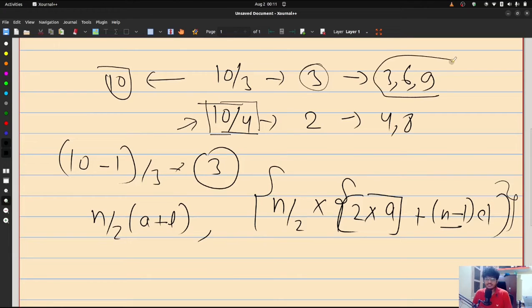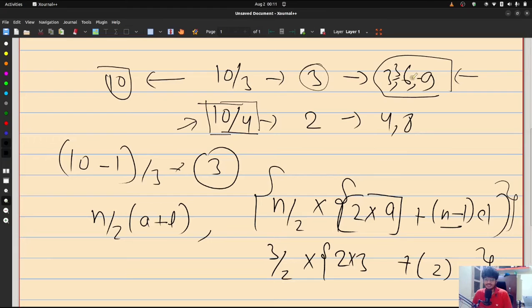So here we have 3, 6, 9. Total numbers are 3. So I say 3 by 2 multiplied by 2 times our first term. The first term is 3. So 2 times 3 plus, total numbers are 3, so 3 minus 1 is 2, and the difference is 3, every time we are going to get 3.